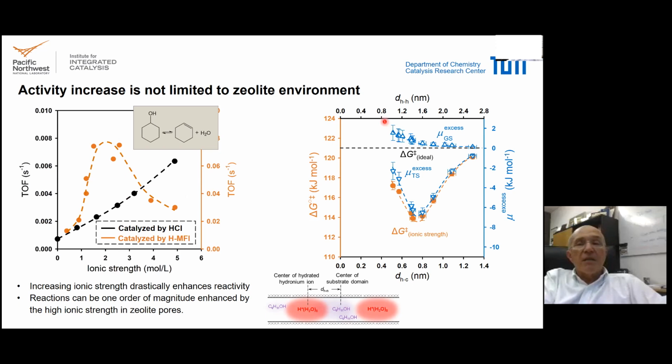And you see that the standard chemical potential is a monotonic function, so it increases as the charge density increases. The transition state free energy and the chemical excess potential go to a minimum. And that minimum is exactly at the maximum. And that maximum is about the size of the volume, a symmetric volume between two hydronium ion clusters.